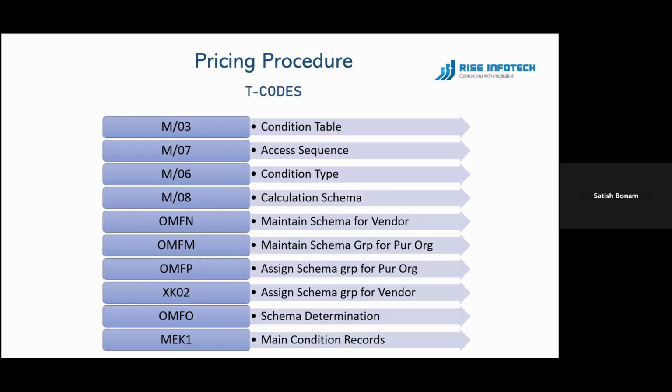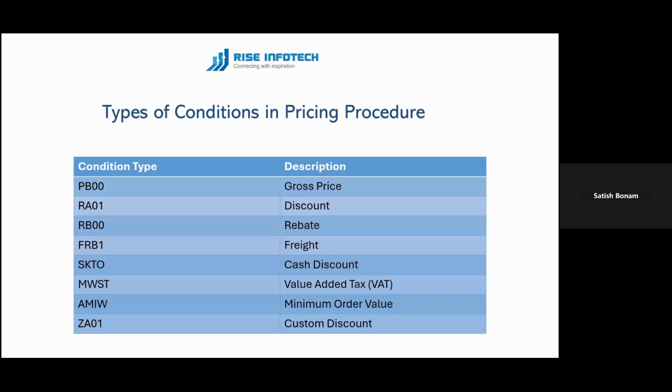OMFP assign schema group for purchase organization. SK02 assign schema group for vendor. OMFO define schema determination. MEK1 maintain condition records.